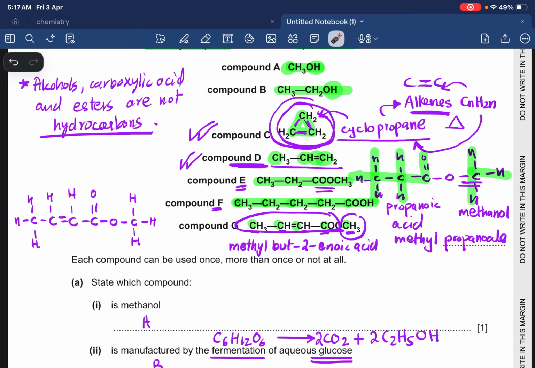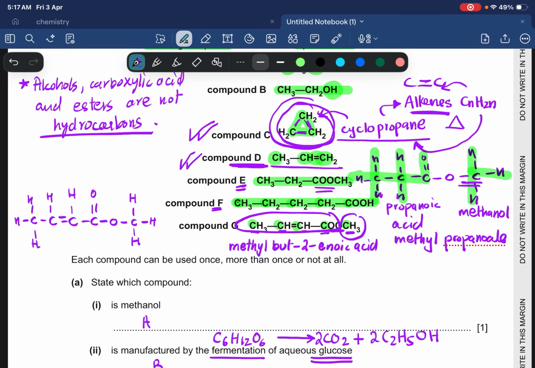And if you don't get it like this, you can count the number of carbon atoms. This is C3H6. And this is also C3H6. Two different homologous series, two different functional groups, everything different but the same molecular formula. So that is compound C and D.